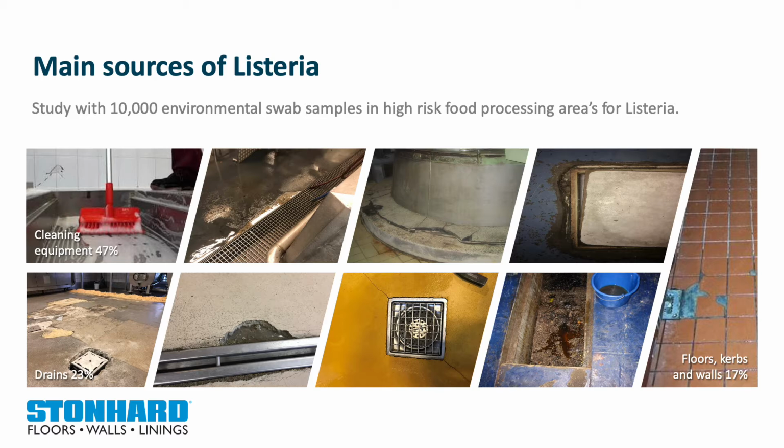Coming back to the main sources for bacteria to hide. A study has shown that in 23% of the cases, it could be found in drains, 40% is found in cleaning equipment, and 17% is found in floors, curbs, and walls.